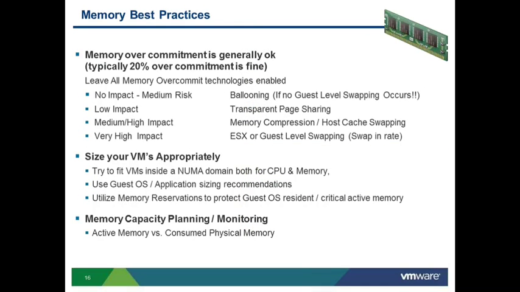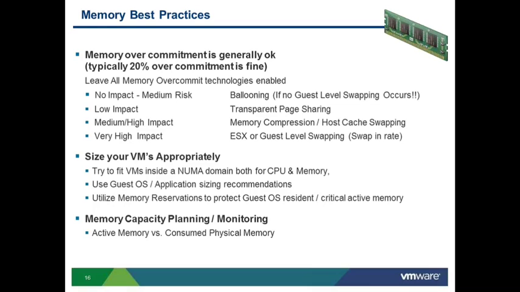From the memory perspective, we mentioned overcommit as well. Overcommit's something that most of us are sort of used to. I quite often get asked, though, what about all these different memory techniques that you have inside of vSphere? I'm going to turn off all these ones, I don't know what they are, I'm scared of them, etc. My recommendation is, for most of them, ballooning particularly, everyone says I'm going to turn off ballooning.